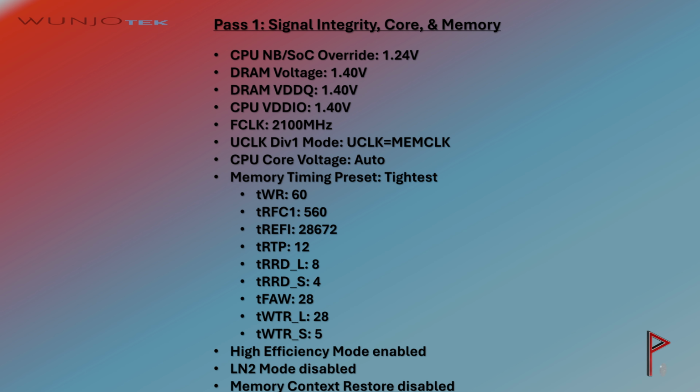So if you did a HWiNFO log at idle, you'd notice that the IOD is the source of most of the temps, where your CCD might be around 30 to 35, your IOD would be like 40 to 45.